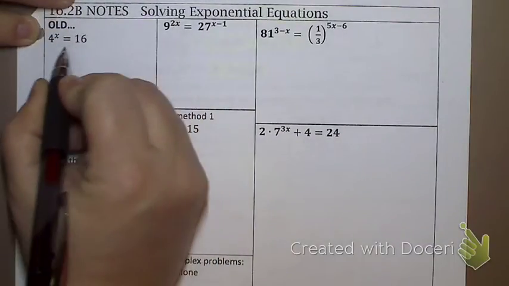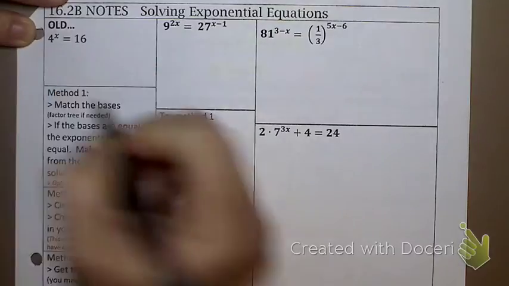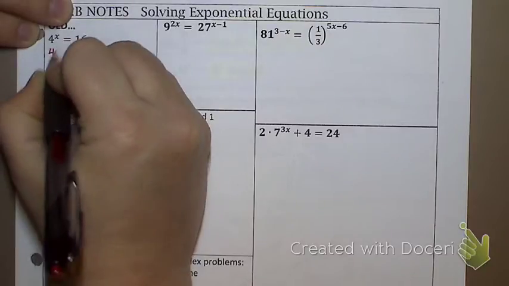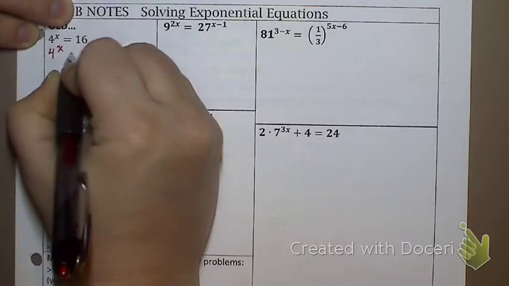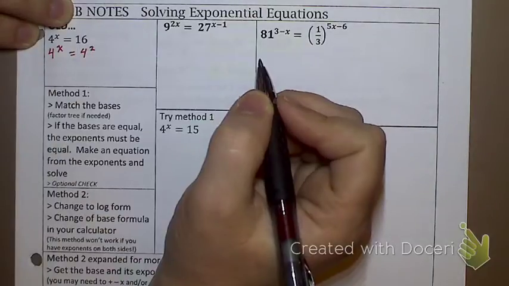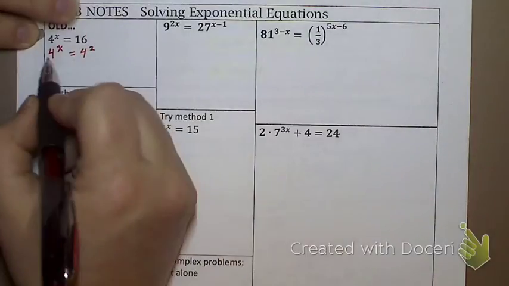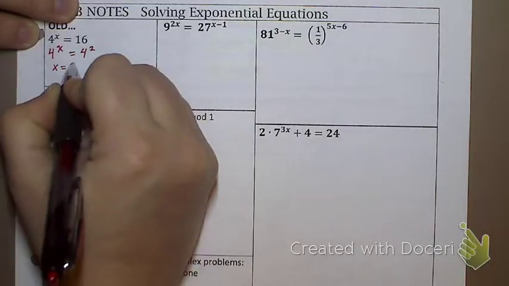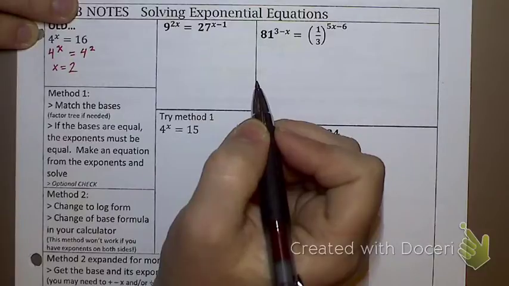So, before, when we had a problem like this, how would we solve this? We would get these things called matching bases. I would say 4 to the x equals 4 to the second, right? And as soon as I have these matching bases, that tells me that x equals 2. Yes?